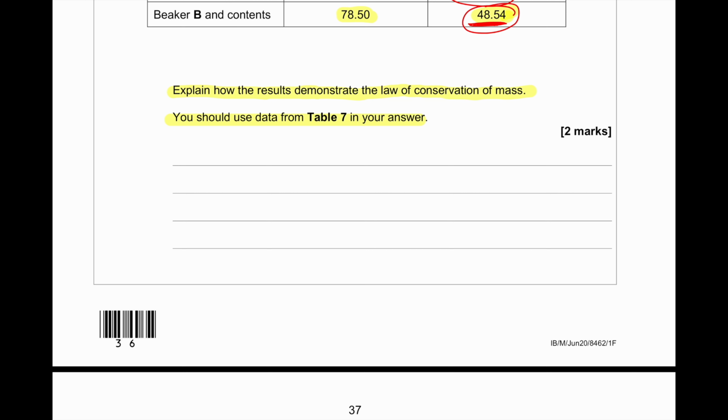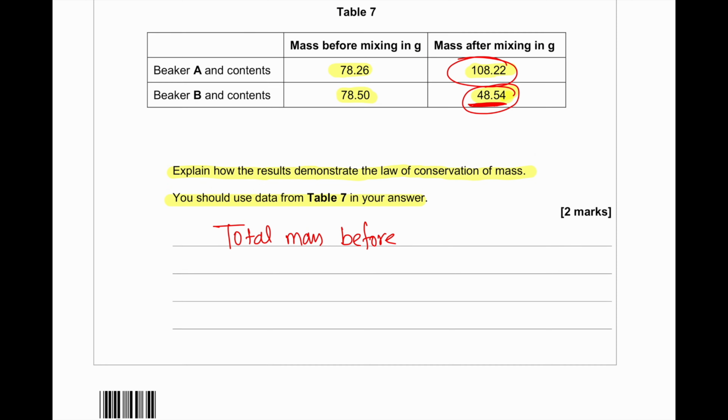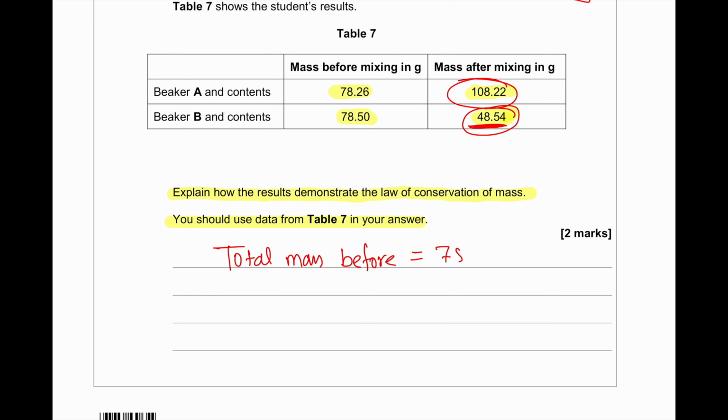So total mass before, we'll add 78.26 plus 78.50 equals 156.76.